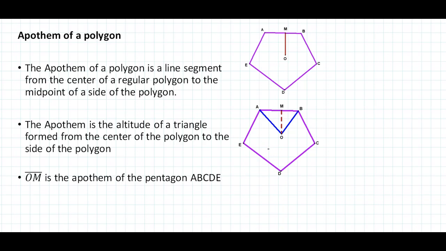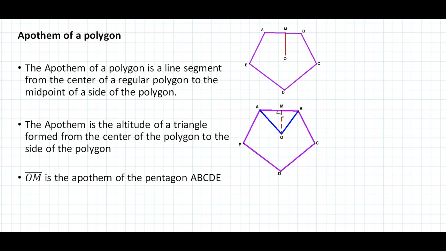The other thing to remember here is the apothem is also the altitude of the triangle. So if you form a triangle from the center of the polygon to any of the sides, so you have O to B, O to A, you can see that those are going to be equal, and then OM, the apothem, is going to be the altitude of the triangle ABO or OAB.